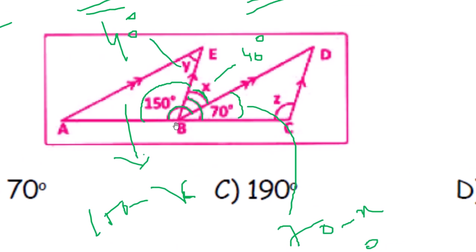So now BE and CD are the parallel lines, and BC is the transversal.